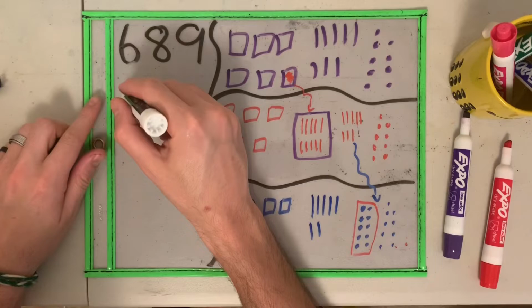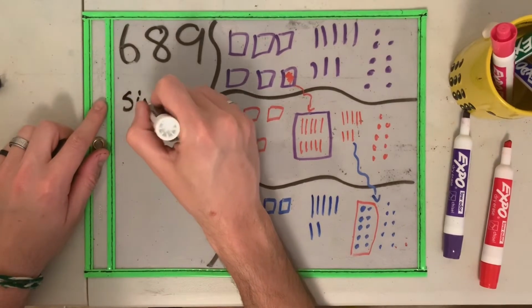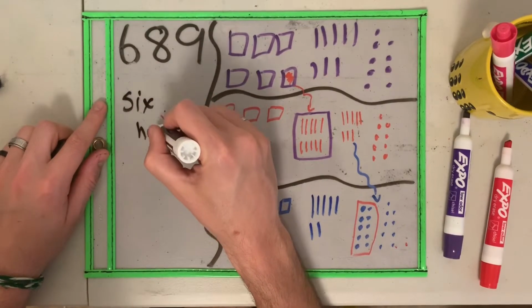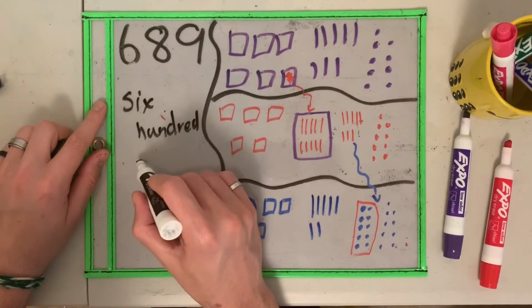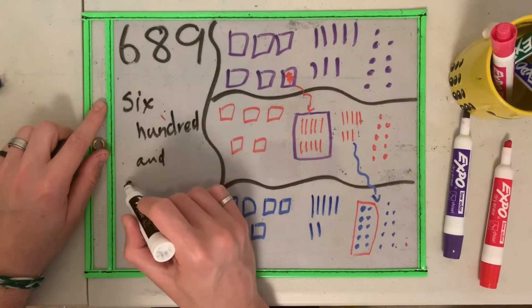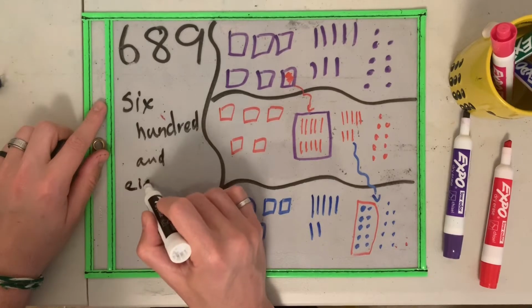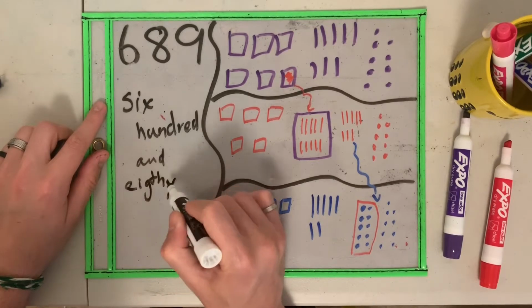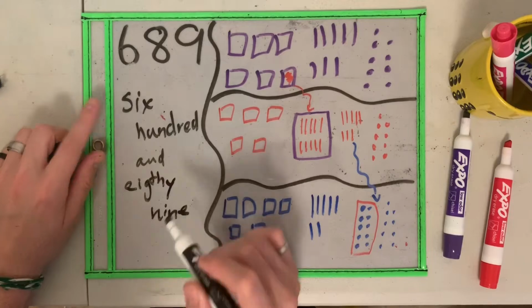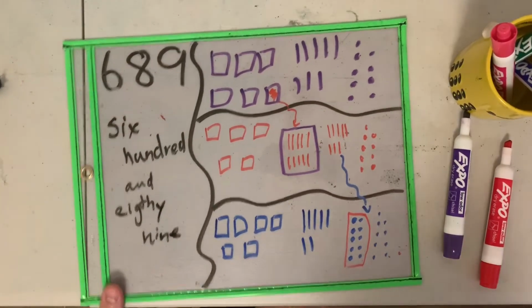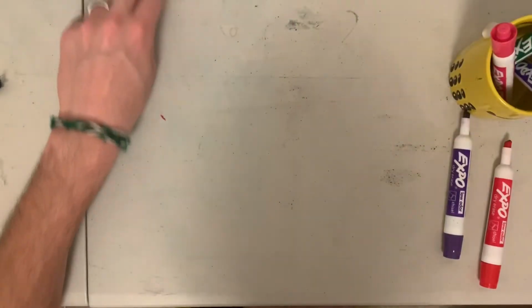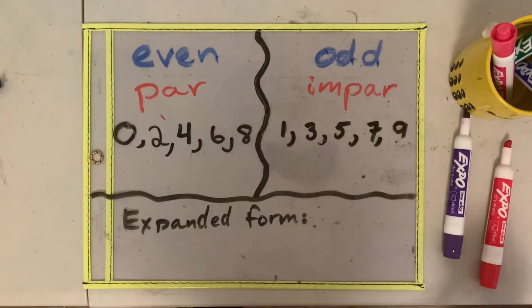This number in word form is 689. That's the word form. And now the next part, you're going to tell me if it's odd or even.